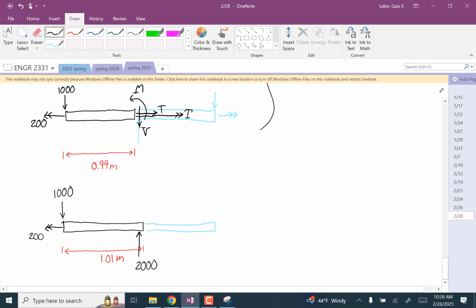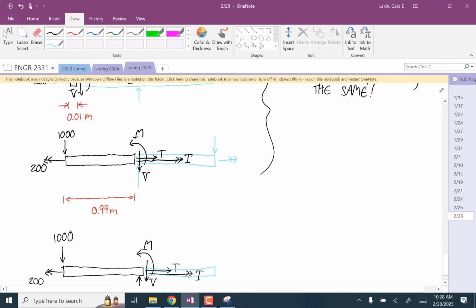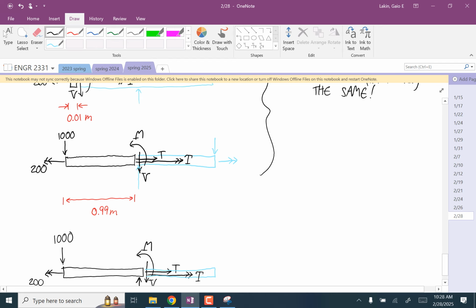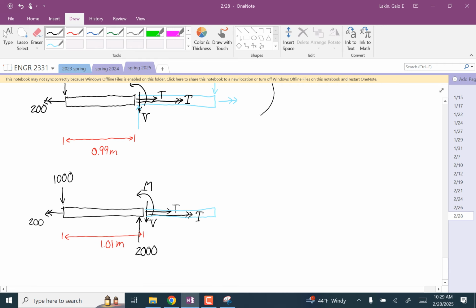And that's why here we have to make a second cut. Our first cut can't represent this anymore. Here are our internal loads. Our first cut could have represented all of the first 99 cuts that we did, but now it couldn't represent this one because it doesn't show that 2,000 that would need to be there.